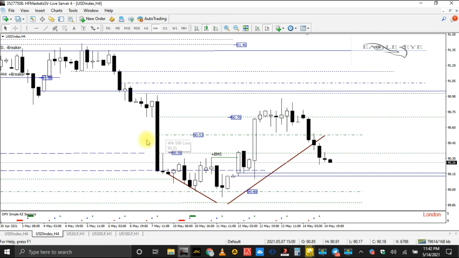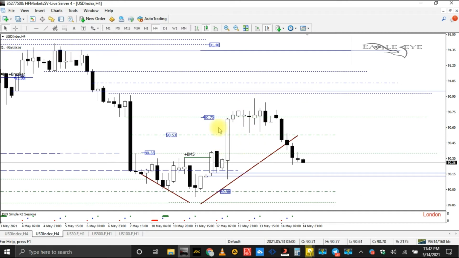Price had to come back and fill this area, so I was expecting that price would at least reach for the midpoint of it, and if there was any need for retracement, price would retrace and then continue its upward movement. But we actually traded past the midpoint and even traded to fill in the whole void around this area.